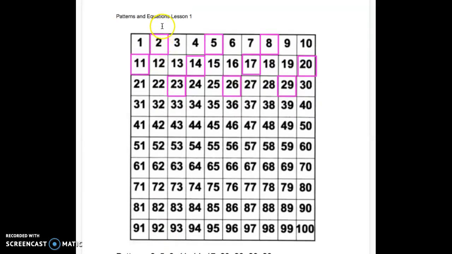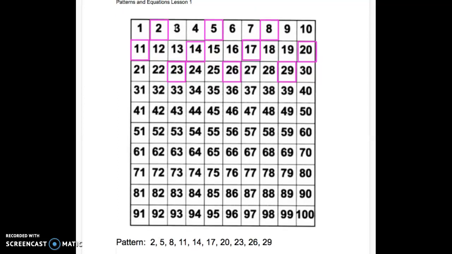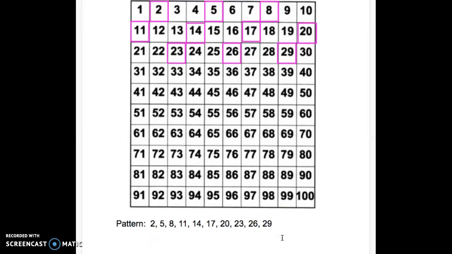So we know our pattern, but when we try to think of a rule for it, or how we would describe it, we could say a couple of things.